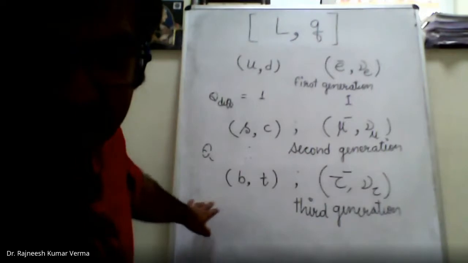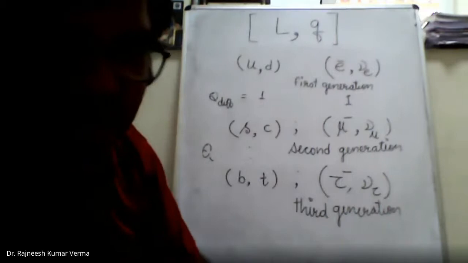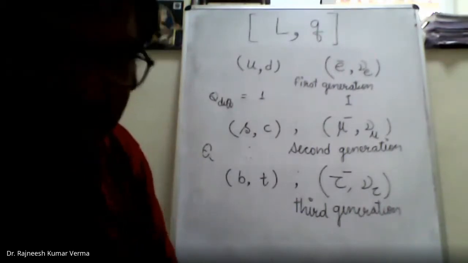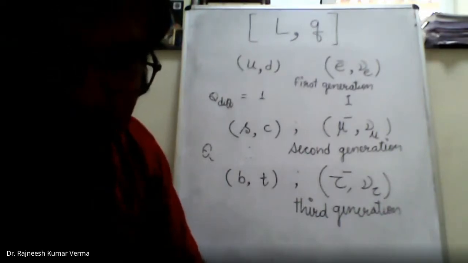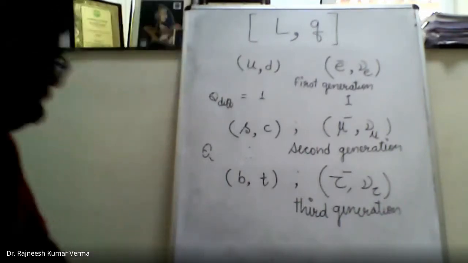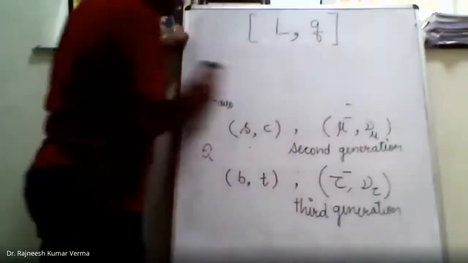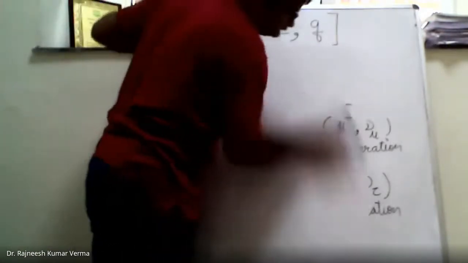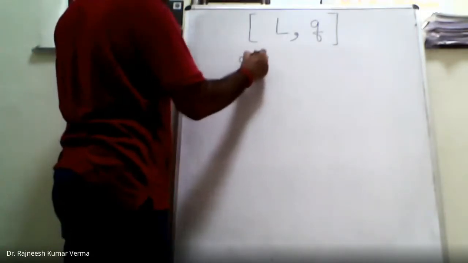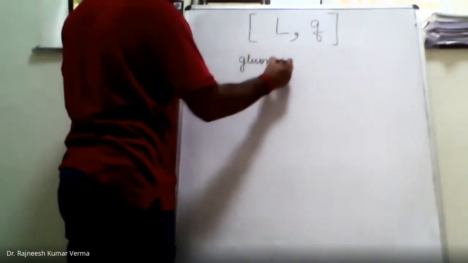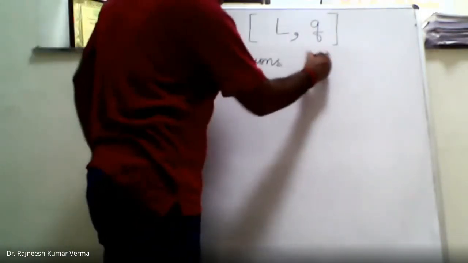If we understand these three generations of particles, and to understand the other interactions, like for strong interaction, we have gluons, and they are 8 in number. We have 8 gluons.